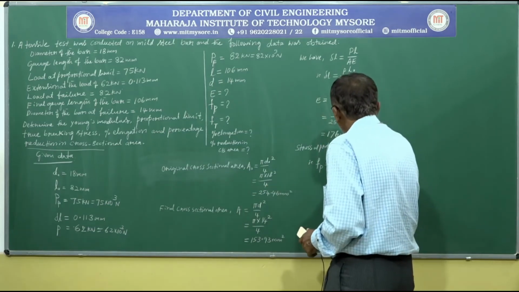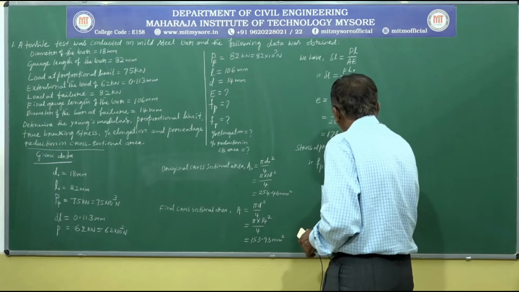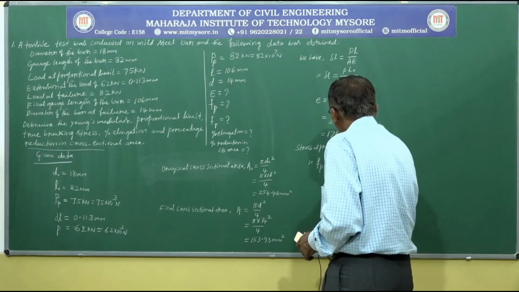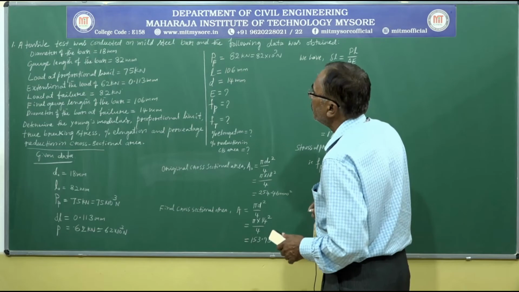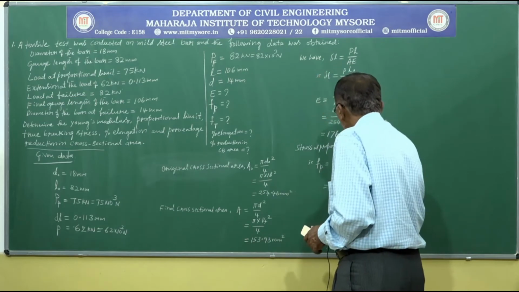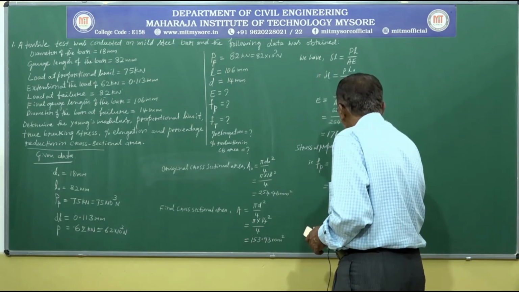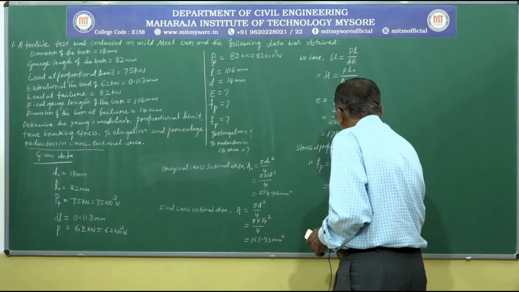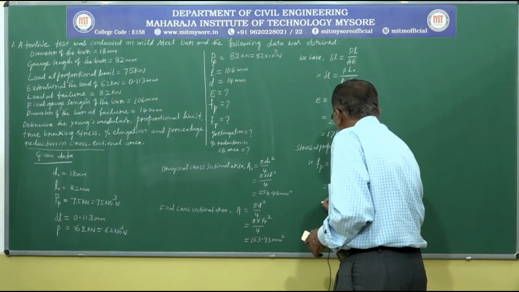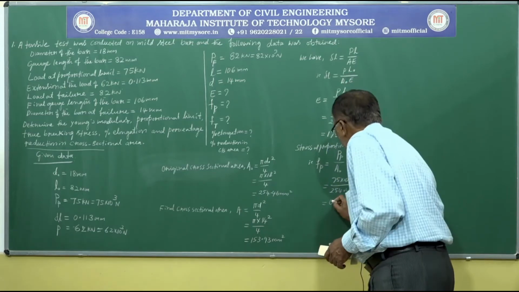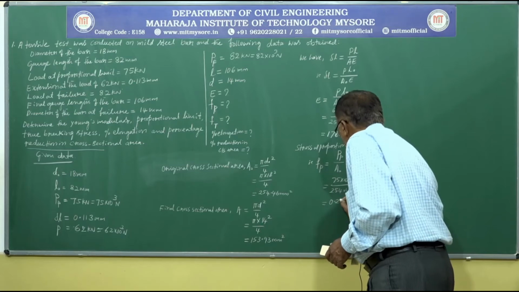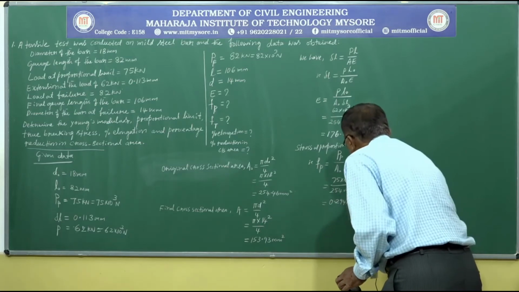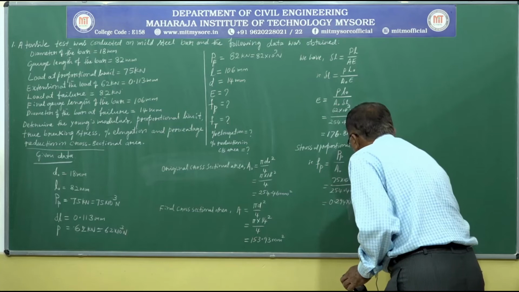That is equal to 75 into 10 power 3 divided by 254.46. Solving this, you will get 0.29 into 10 power 3 Newton per millimeter square.